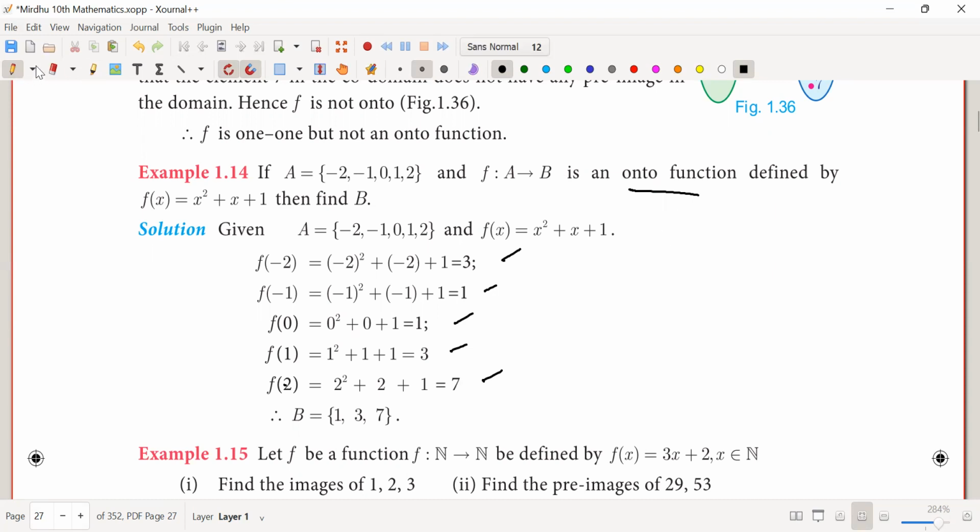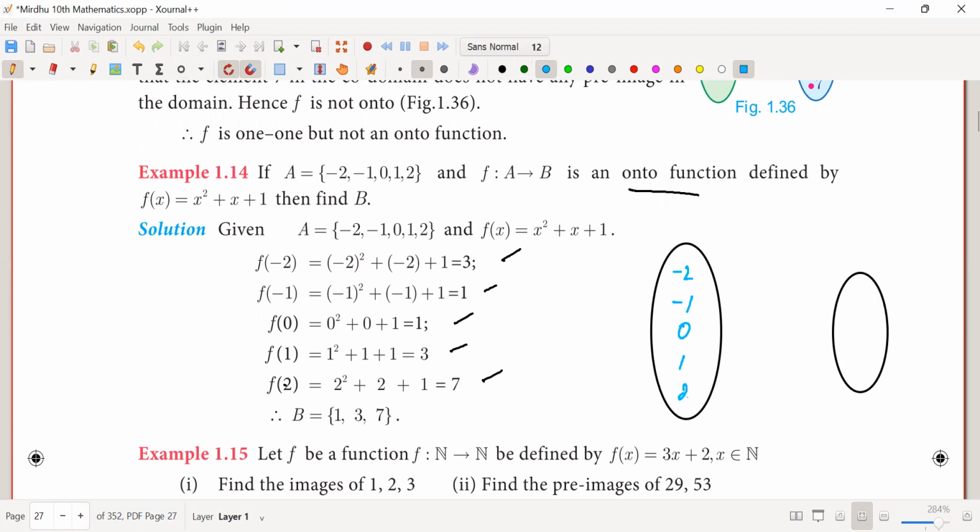If I have to draw the arrow diagram for this, it will be like this. -2, -1, 0, 1, 2, and here we have 1, 3, 7. -2 to 3, -1 to 1, 0 again to 1, 1 to 3, 2 to 7.